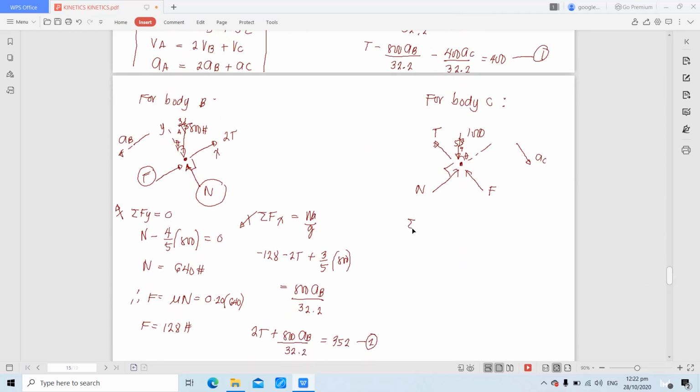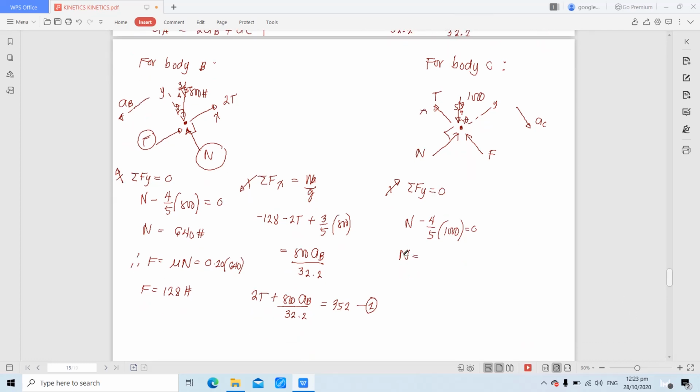Okay, so if we will take summation of forces with respect to y, this is our y-axis, this is our x. Na kay y by motion, wala. So, this will be equivalent to 0. So, taking upward direction will be positive. So, normal force is positive. Yung component nito, pababa minus. Ang component niya ay 4 over 5 of 1,000. Meron pa ba tayo consider? Wala na, equivalent to 0. Therefore, normal force will be equivalent to 800 pounds.